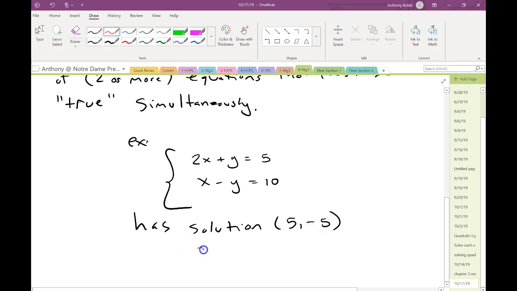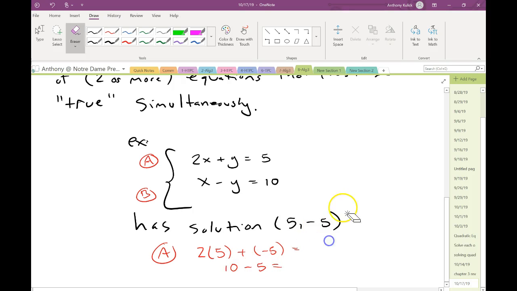Well, we'll call the first one equation A, and maybe we'll call the second one equation B. If I plug 5 in for x, and then negative 5 in for y, I get 10 minus 5, and that does indeed equal 5.